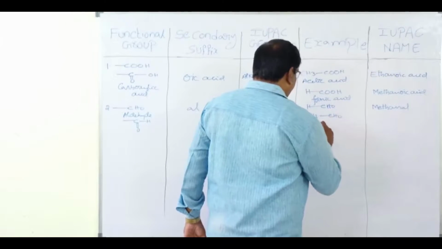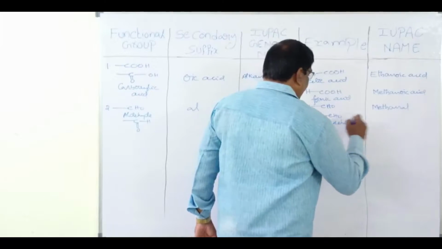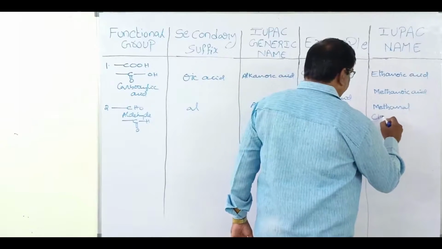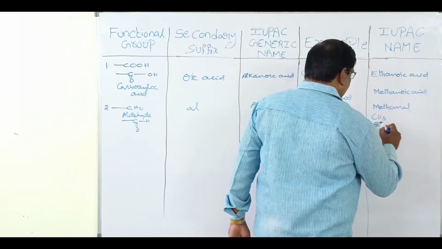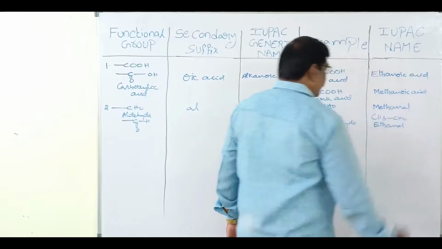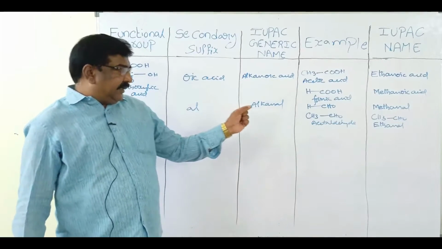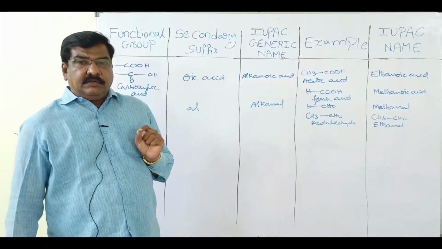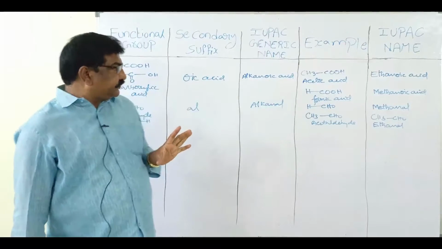CH3CHO, generally known as acetaldehyde. In the IUPAC system, it is called ethanal. If there are three carbons and one is an aldehyde group, propanal, butanal, like that.